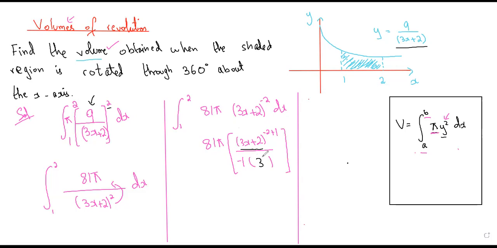So this is 1 times, this is 27 times. So we will get minus 27 pi divided by 3x plus 2, and the limits come as they are, 1 and 2.